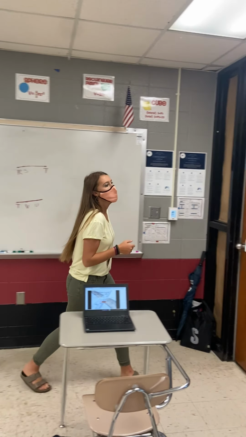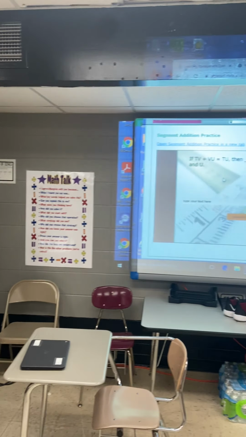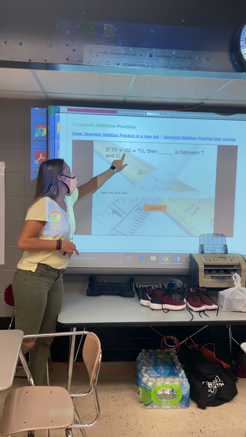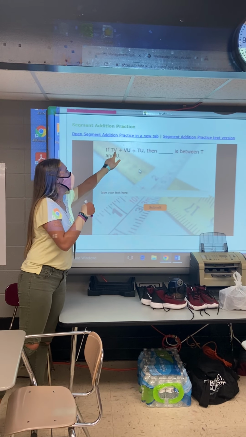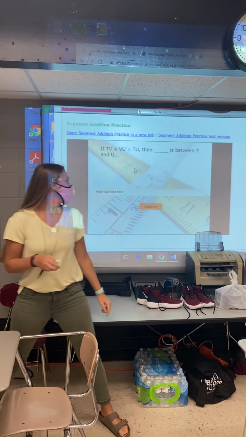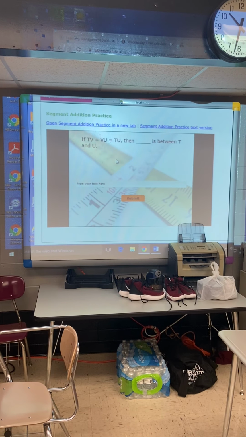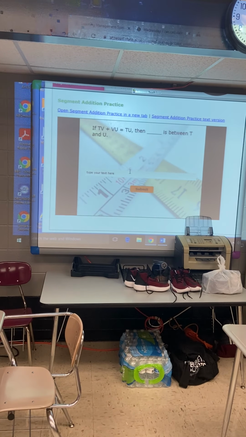B. Okay? If you ever see anything written where B, see how B is in both of them? TB plus BU, we know that B is going to be in the middle. So your answer then, blank is between T and U, your answer would be B.